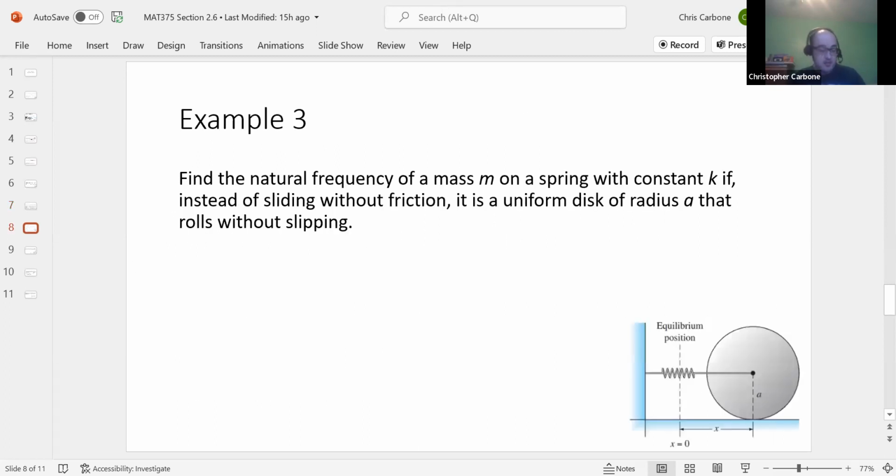So that's example 3. Find the natural frequency of a mass m on a spring with constant k if, instead of sliding without friction, it is a uniform disk of radius a that rolls without slipping. So being denoted here in this picture over here.